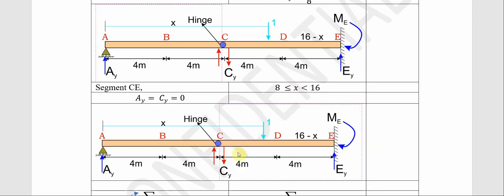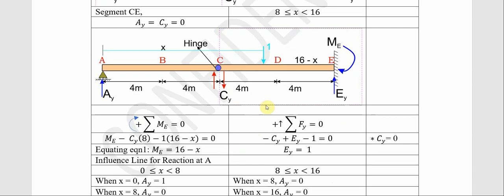So what we take into consideration is we want to look at summation of moments about point E equal to 0. Since we are taking moment about this point, we are considering this moment also.